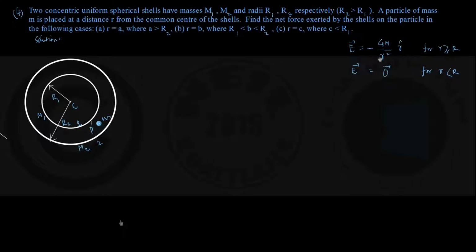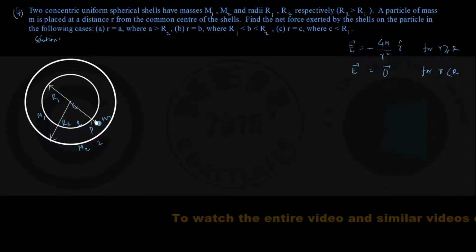Now, looking at the guiding equations for us, we know that for the shell number 2, the outer shell, the particle is placed inside the shell, and inside the shell, the gravitational field due to it is 0. Therefore, shell number 2 does not exert any gravitational force on this particle m at a distance b from the center.